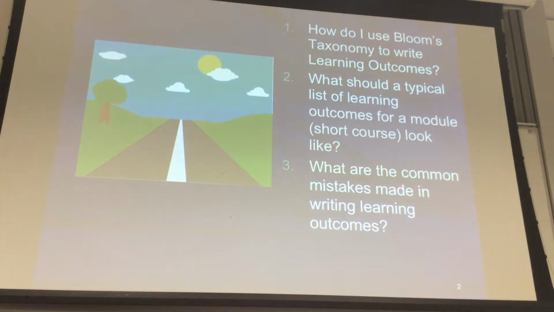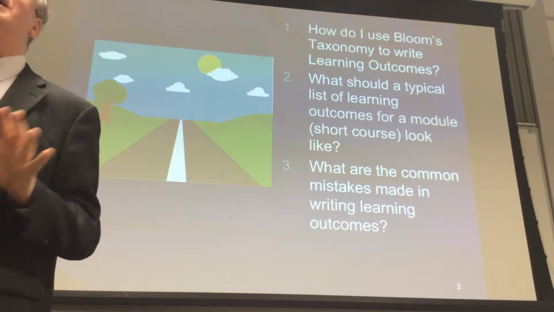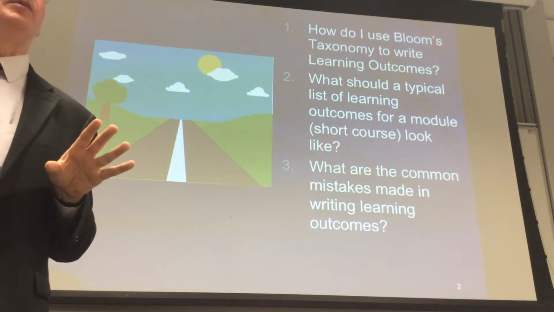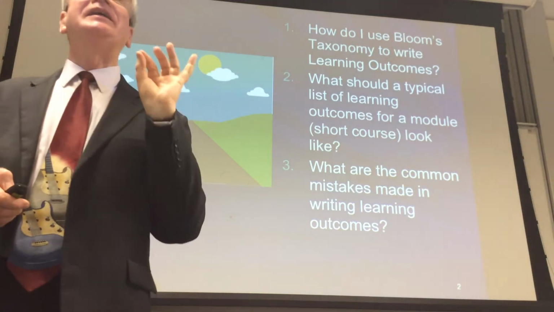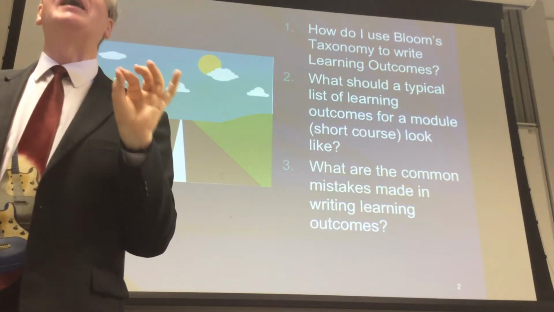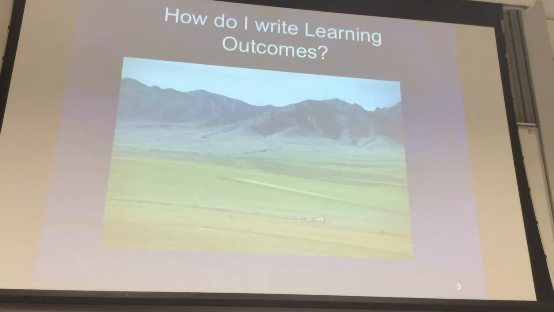In any university, if you go into the website, you will see excellent examples and you will see very poor examples. And it's important that we make sure that the examples that we produce are of a good quality in terms of the quality of learning outcomes.